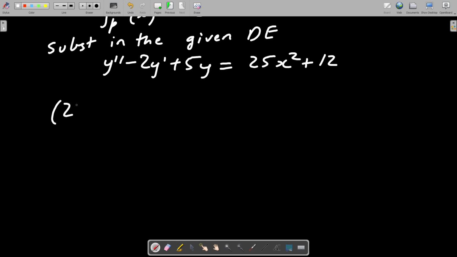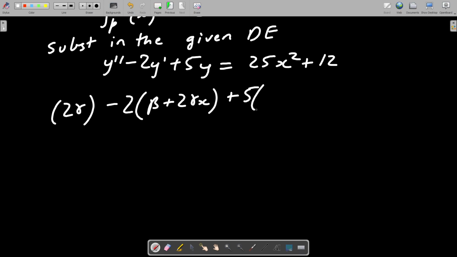So this will become 2 gamma, minus 2 times beta plus 2 gamma x, and plus 5 times alpha plus beta x plus gamma x square. This is equal to 25x square plus 12.